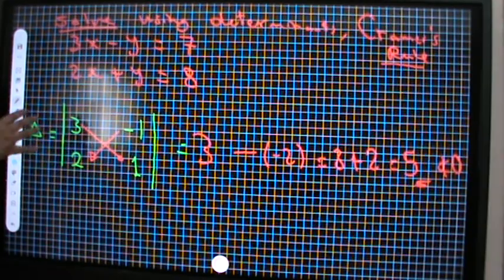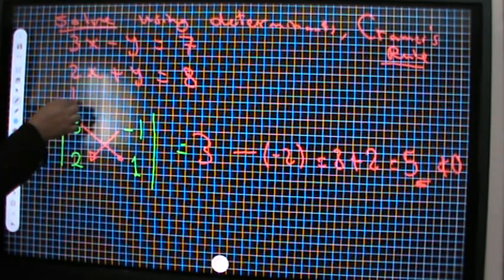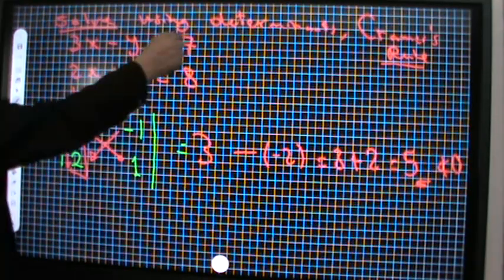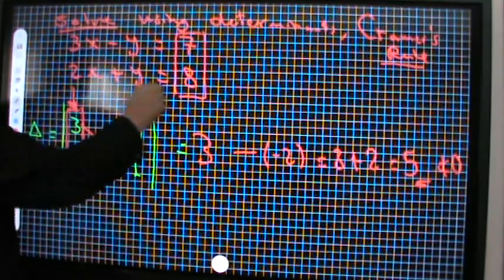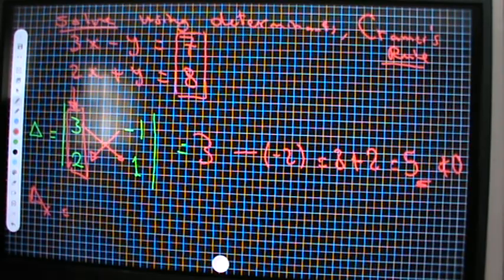After finding the determinant for the coefficients of x and y, replace the coefficient of x in the first column by the constants 7 and 8. You will get delta x, or delta sub x, okay?